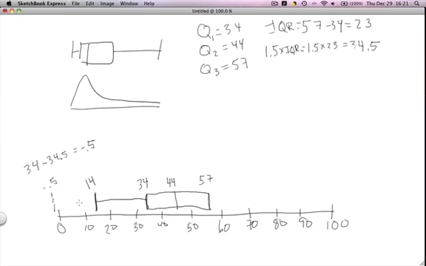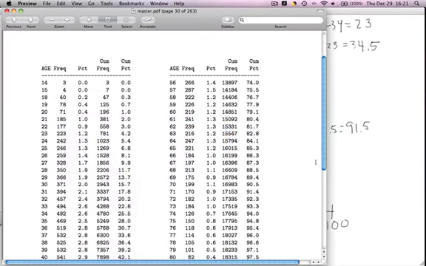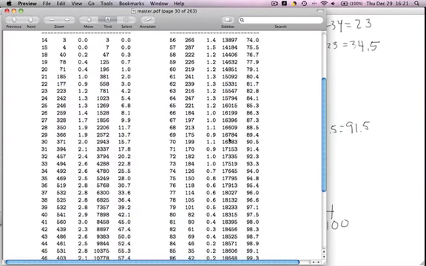Now let's repeat the same thing for the other side of the distribution. If we take 57 plus 34.5, we get 91.5. So that is the value of my candidate whisker. Now, do we have any 91.5s in the data? The answer is we probably do.